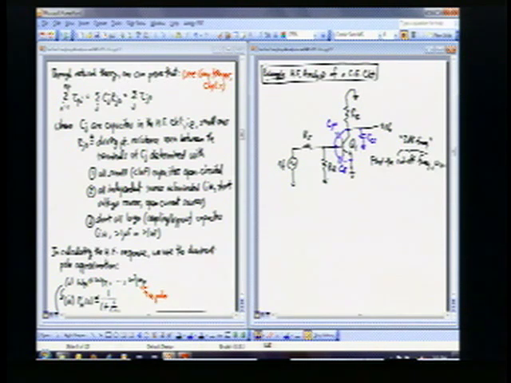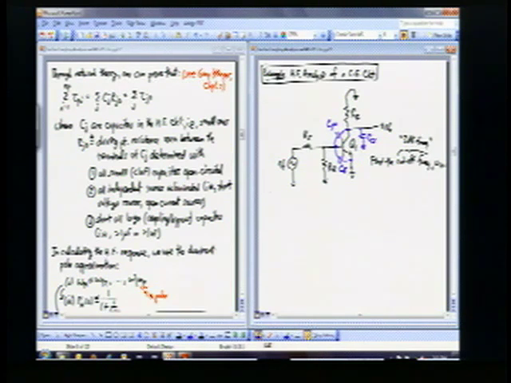Okay, so I've identified the important capacitors in this circuit, and these are the capacitors CJ. These are the CJ capacitors that we're talking about on this side of the screen. And so now I have to handle each capacitor CJ one at a time and determine the time constant associated with that capacitor. So let's go ahead and do that.